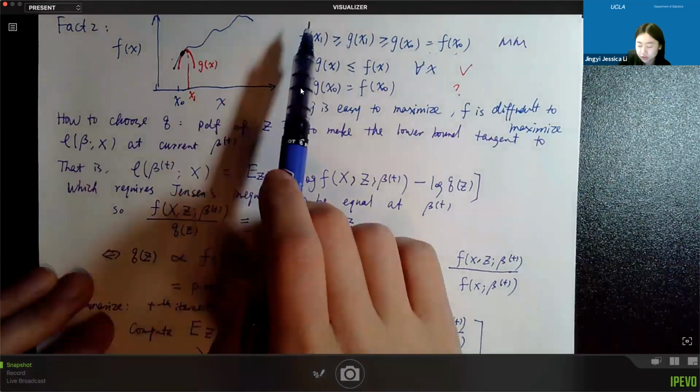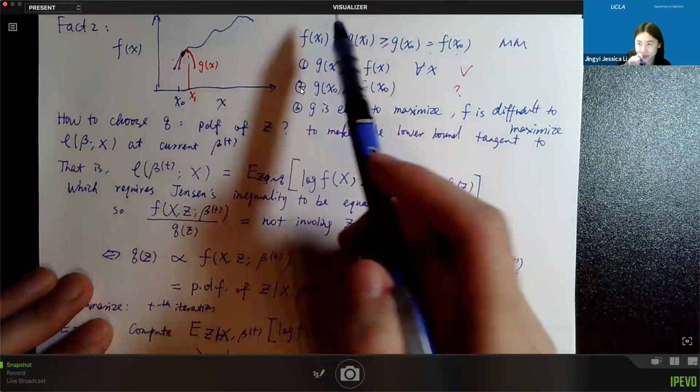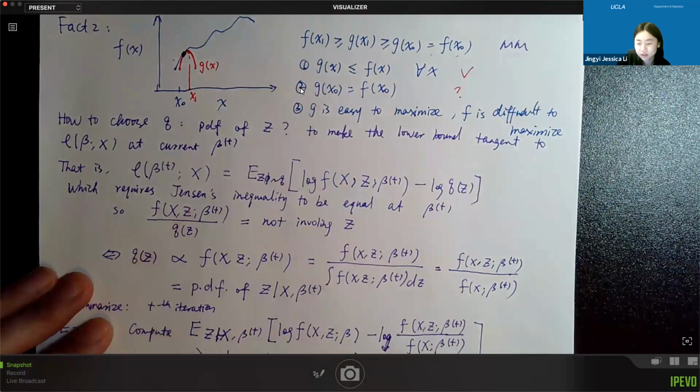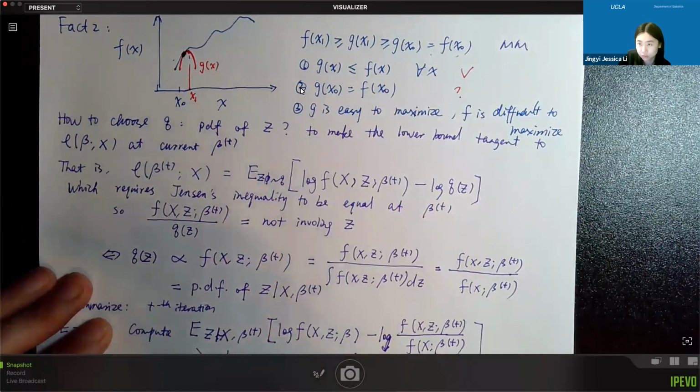So the f is usually a complicated function which you cannot simply find its maximum, no matter local maximum or global maximum, by taking the differentiation. That's not possible if f is too complicated. Or even if you take the differentiation, finding the solution is difficult. So that's the case where you want to use an iterative algorithm to find the solution numerically, or maximize it numerically.